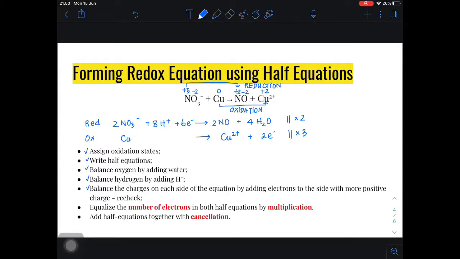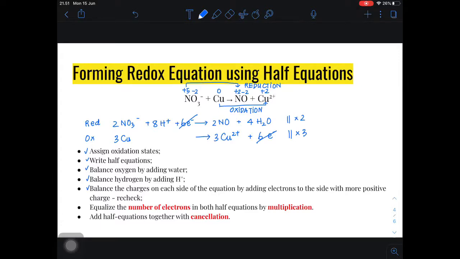And then for the reaction at the bottom, 3Cu gives 3Cu2+ plus 6 electrons. Now we're done with the 2 half equations. We can eliminate everything that is the same.